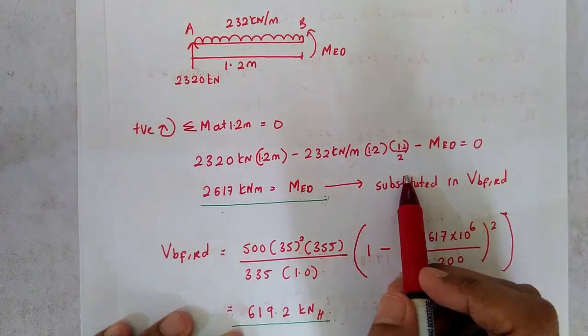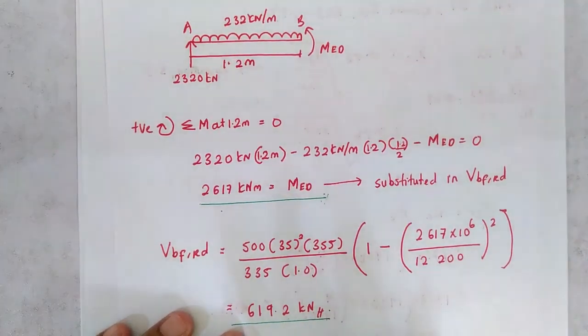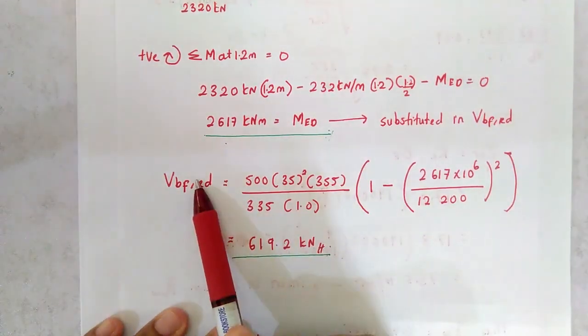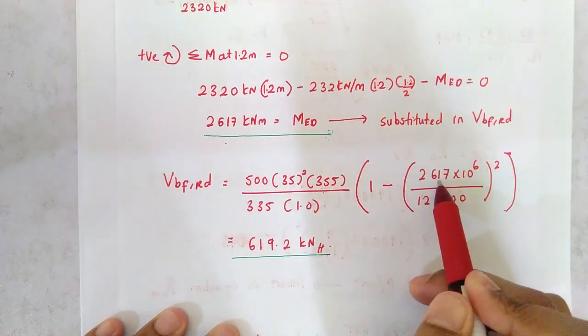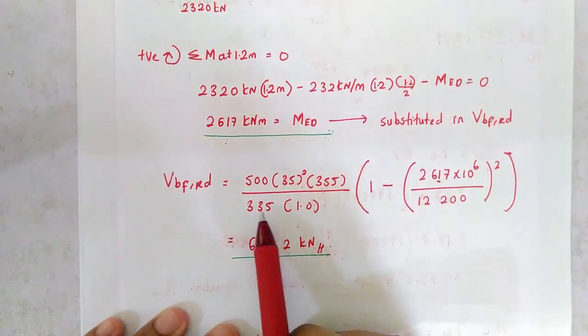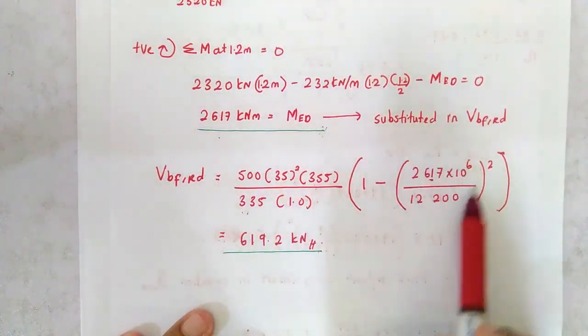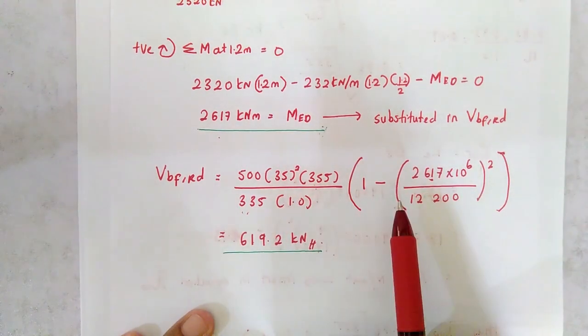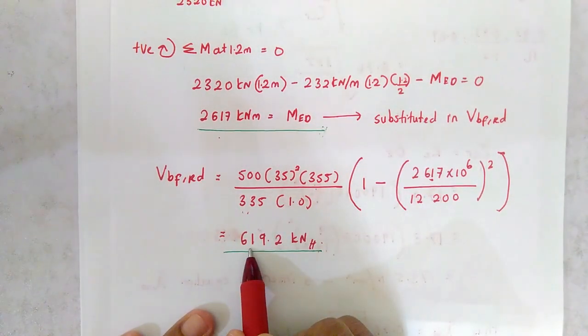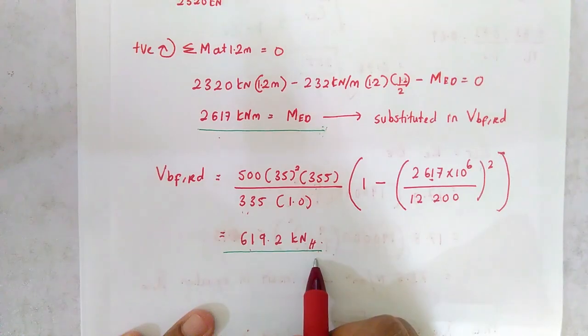And this value, you need to substitute in the equation VBFRD. You substitute in the equation VBFRD, and the C value you already got, and you insert it already. So then you calculate the whole equation. Finally, you get 619.2 kilonewtons.